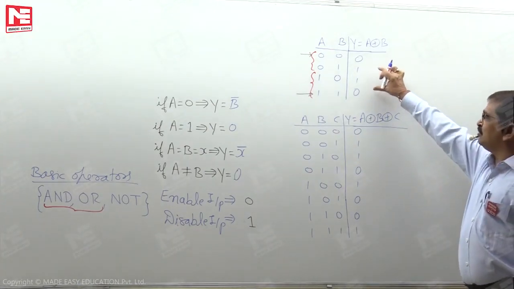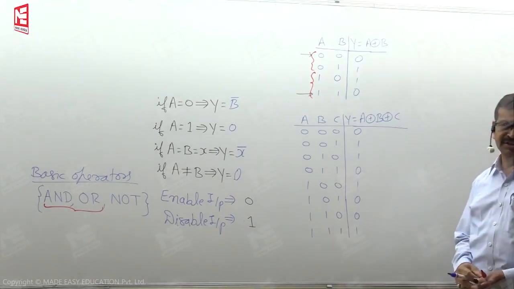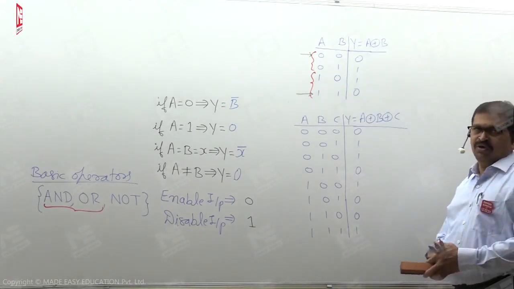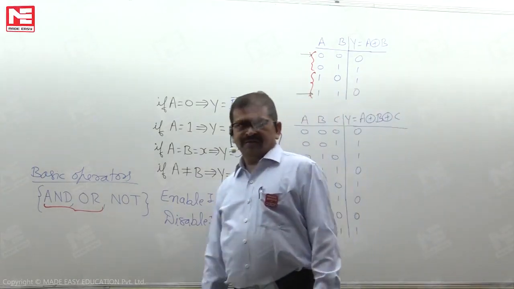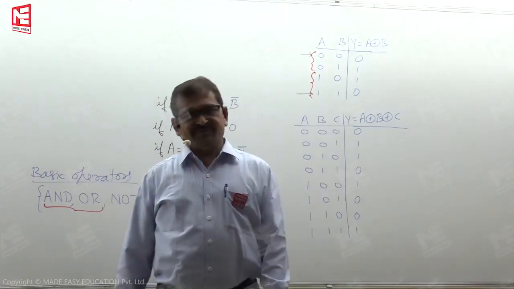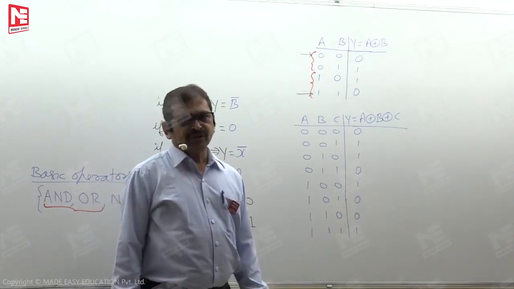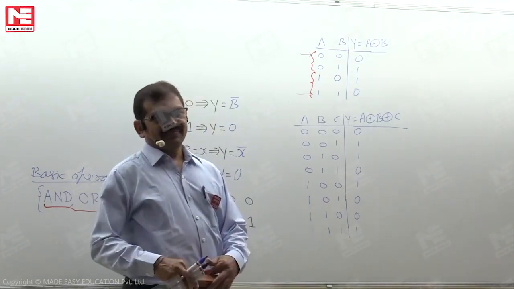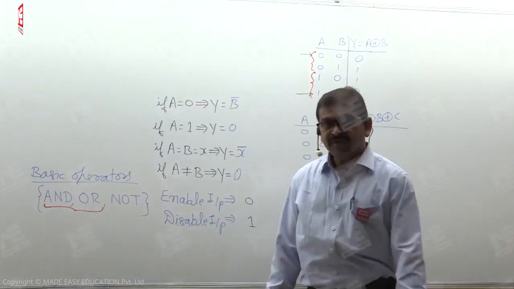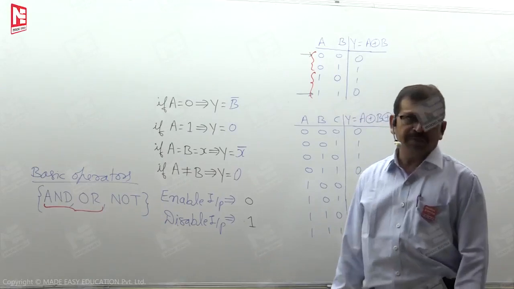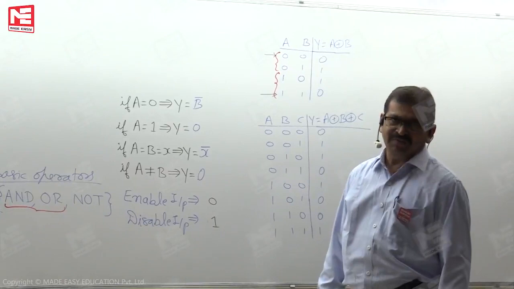While looking at this 2 variable truth table and 3 variable truth table, definitely we need to state the observation, better note it down. The statement must be: the result of exclusive OR operation is 1 whenever an odd number of variables are 1.